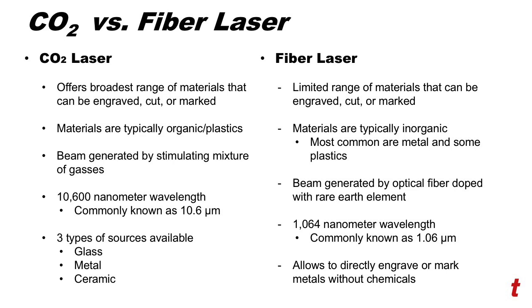These lasers are 1064 nanometer in wavelength, commonly known as 1.06 micrometer. Fiber lasers allow you to directly engrave or mark metals without any need for chemicals. In general, a CO2 laser covers between 80 and 85% of most of your common materials, whereas the fiber laser covers about 15%, the remaining 15%.